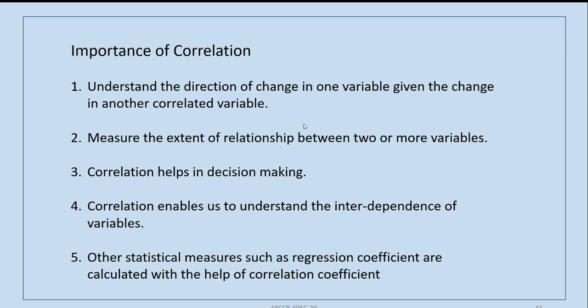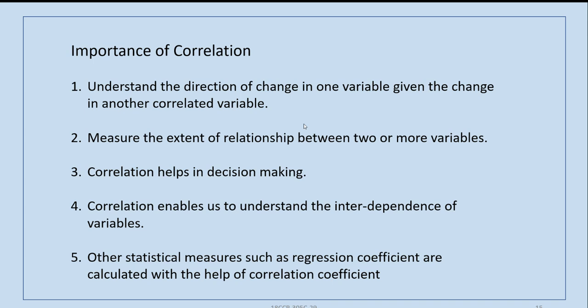So as we see in uses also, correlation helps in decision making, and correlation enables us to understand the interdependence of variables. That means we can understand how much dependent two variables are.